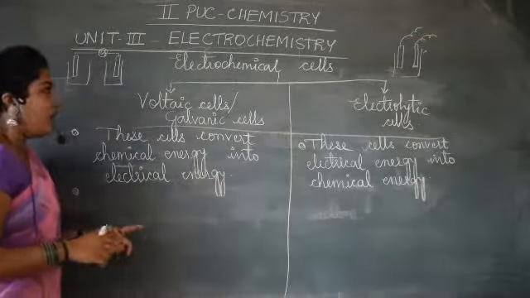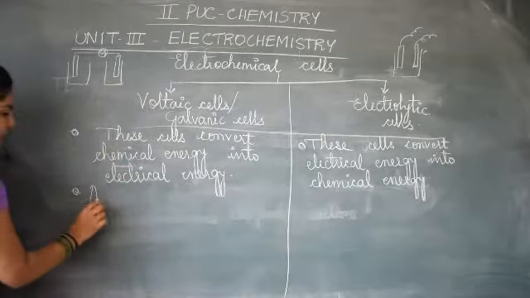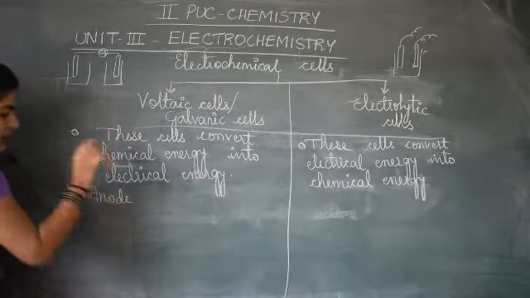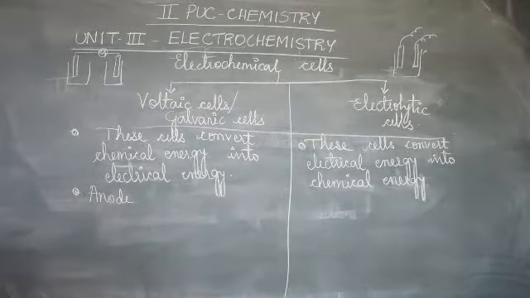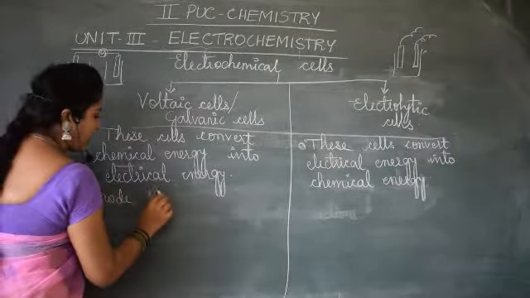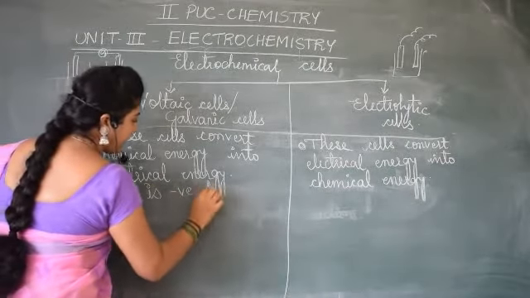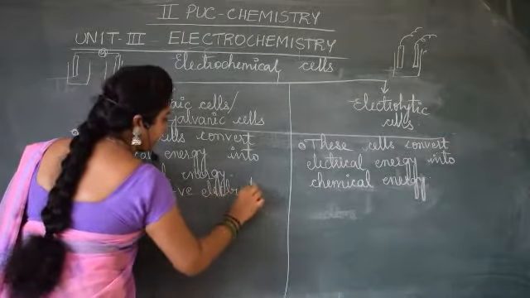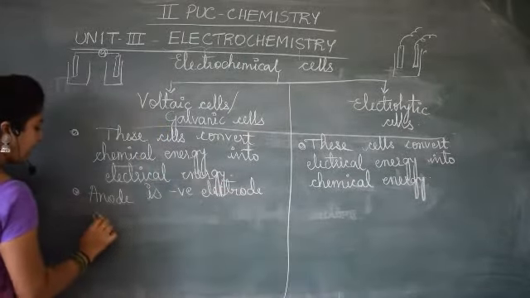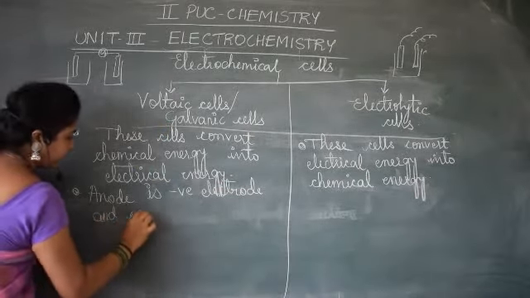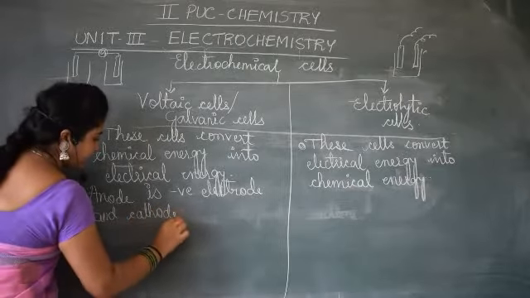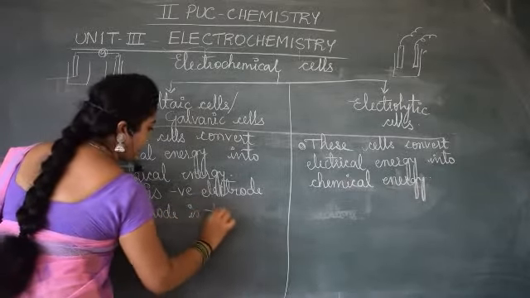So here the anode is a negative electrode and the cathode is a positive electrode.